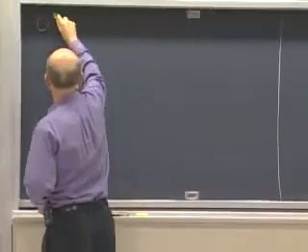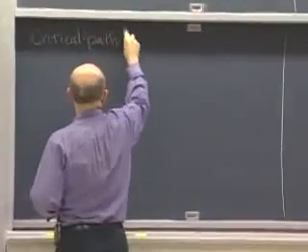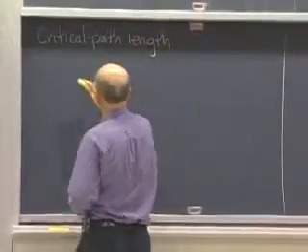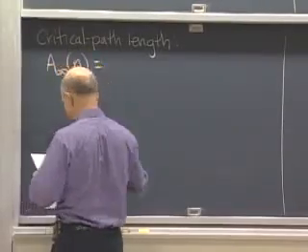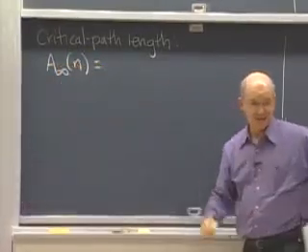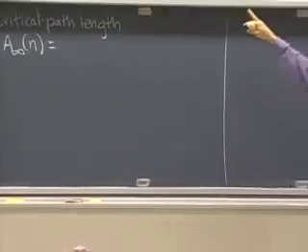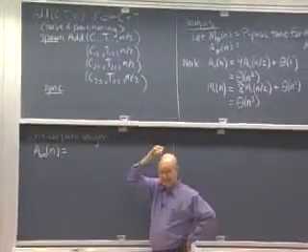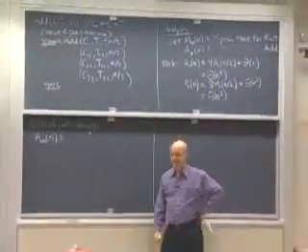Okay, so now we do the new stuff: critical path length. Here we have A infinity of n. We're going to add up the critical path of this code. How do I figure out the critical path of a piece of code like that?